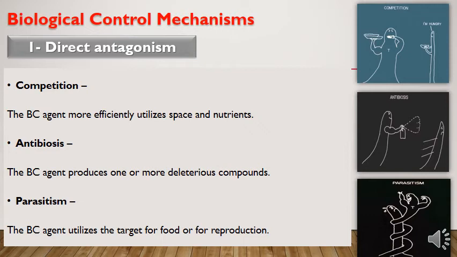The biological agent can produce one or more compounds that affect the pathogen directly, for example, antibiotics. The last mechanism is parasitism. The biological agent utilizes the pathogen as a target for food or for reproduction and can cause complete death of the pathogen.